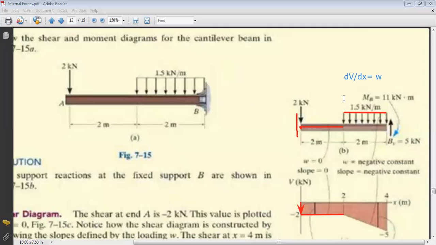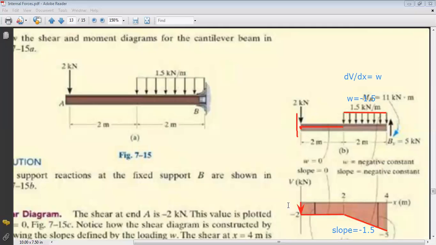So for this part, W is equal to minus 1.5. This is why I have a linear variation of my shear, characterized by a slope of minus 1.5. So I can put here near the figure: slope equals minus 1.5.